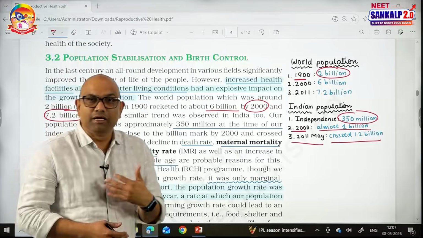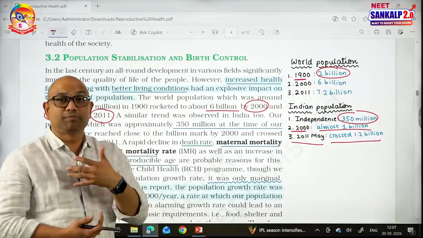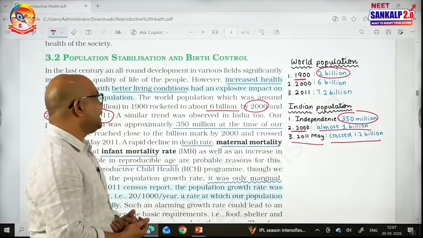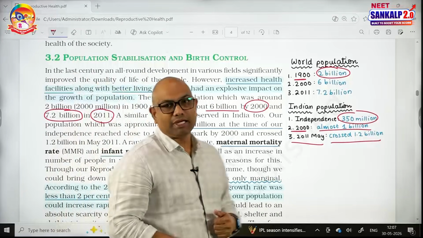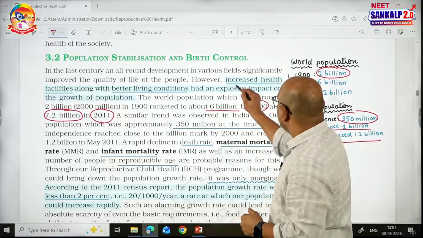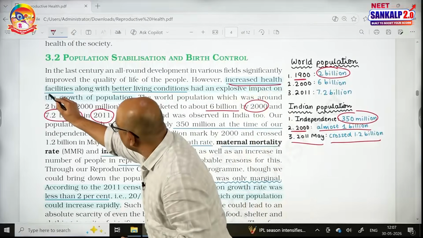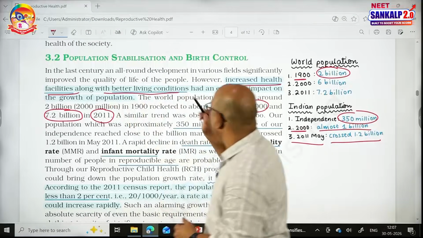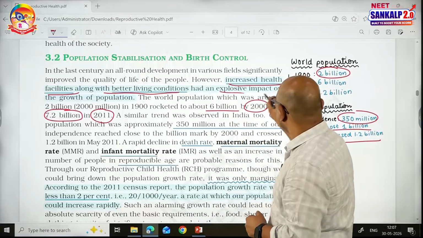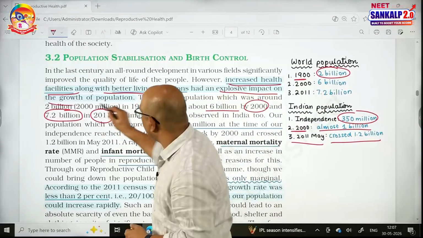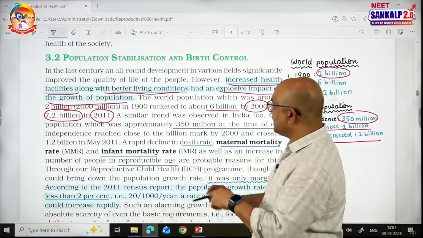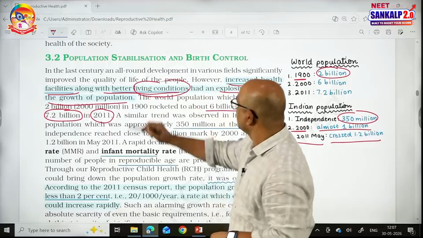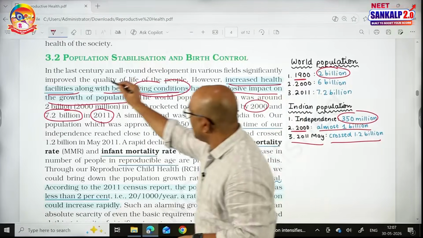And what are the probable reasons for this kind of population explosion? Regarding the reasons, the most important ones: increased health facilities along with better living conditions had an explosive impact on the growth of population. So one is living conditions, the second is health facilities.